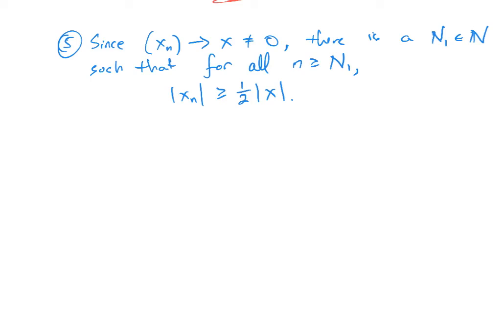One of this is we know that the absolute value of xn converges to the absolute value of x. That was part 2 of this theorem.